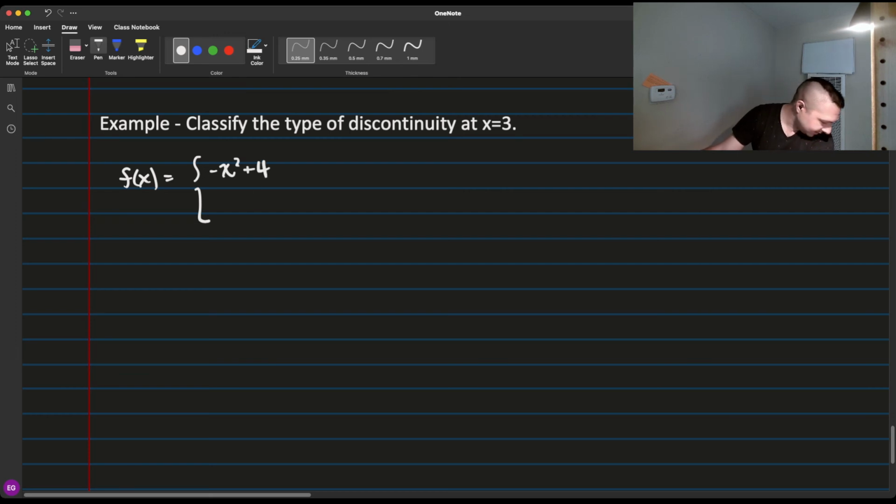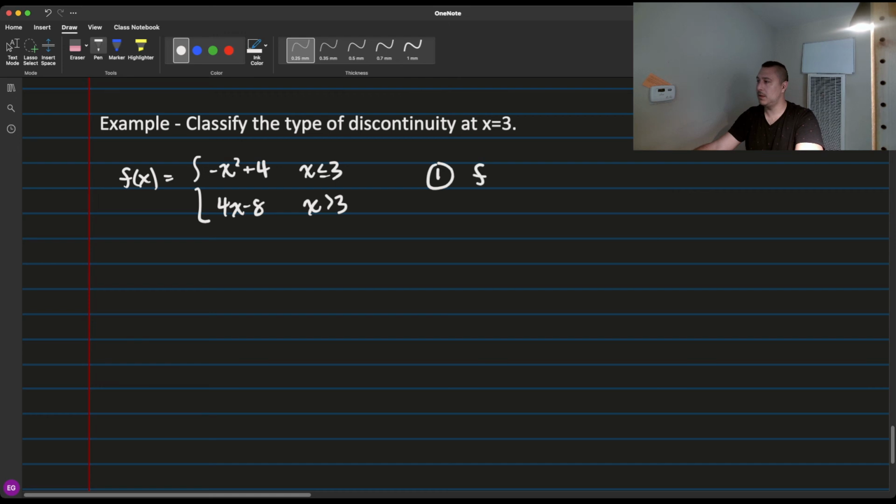You might remember this, we dealt with it earlier. If x is less than or equal to 3, and it's going to be 4x minus 8 if x is greater than 3. So again, you go through the criteria. 1. You ask yourself, is f of 3 defined? Yes, it's defined. You plug it into the first line of the piecewise function, you get minus 9 plus 4, you get negative 5, so the function is defined.